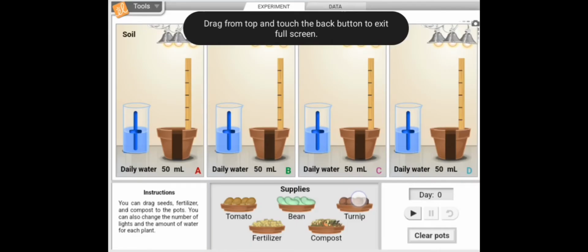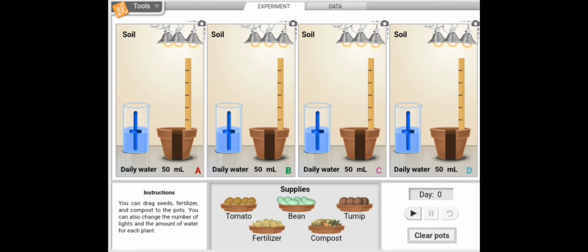Today we are going to design an experiment, and the question is, how does the water affect the turnip plant?